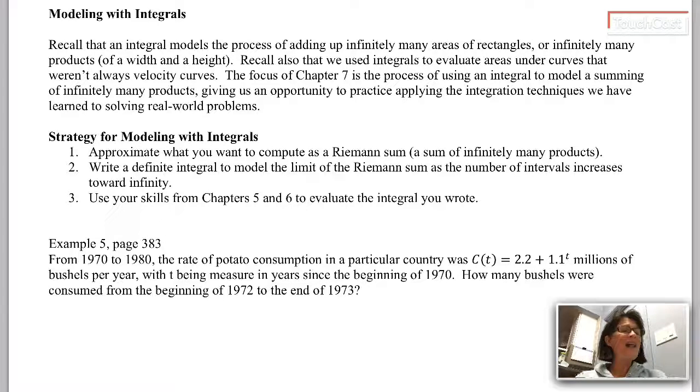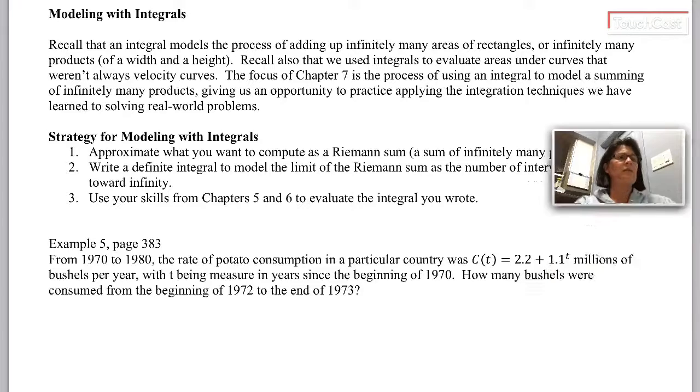So if I can think about the quantity I'm looking for as the sum of infinitely many very small products, then I can write an integral, and then I can use everything I learned in Chapter 5 and 6 to evaluate it. This is basically what I just said in 3 steps, if that is helpful. Take a look at example 5 from your textbook.